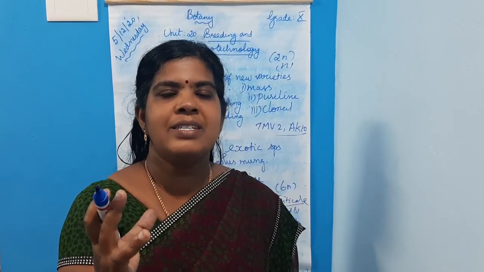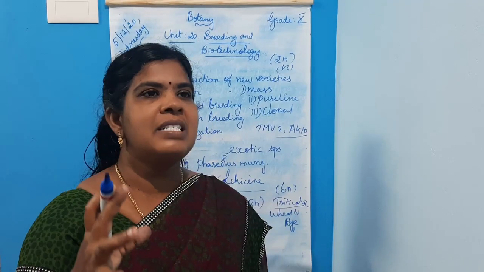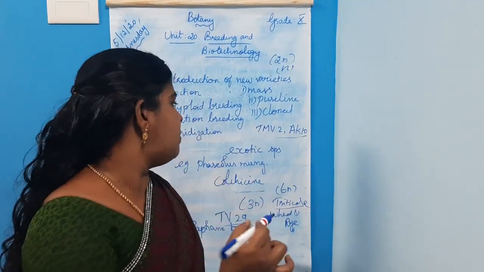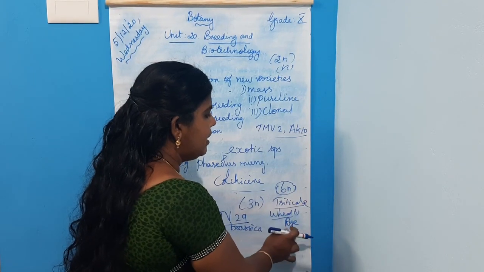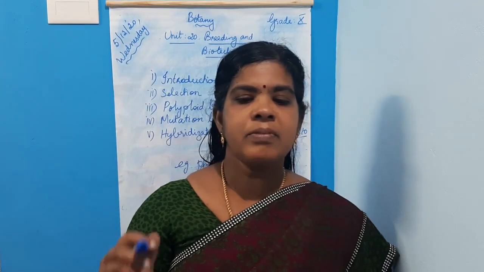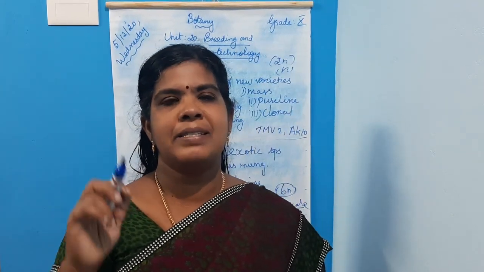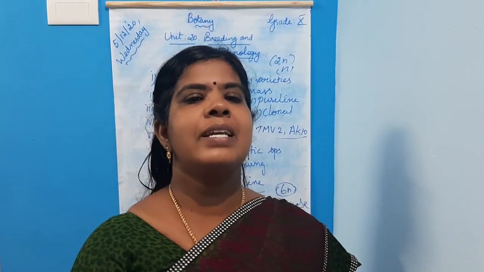It can tolerate drought. Third one is triticale, a hexaploid obtained by crossing wheat and rye. Next is Brassica, an allotetraploid obtained through colchicine treatment.